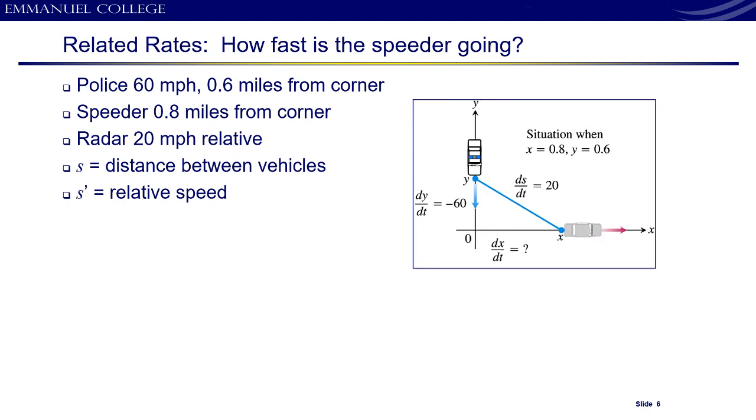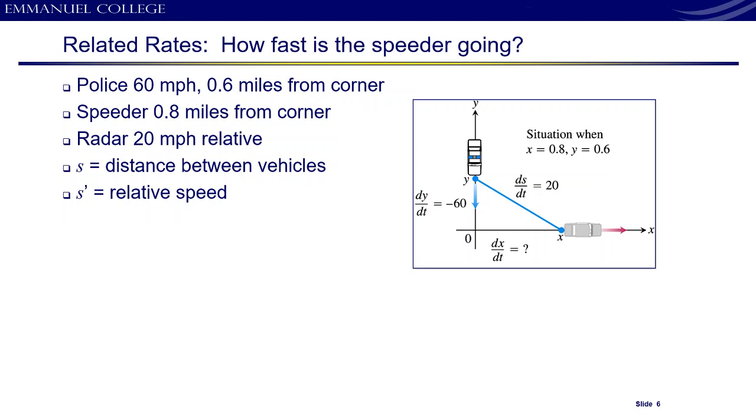So this is what I mean by drawing a picture and knowing what you're dealing with. Now, the police car is going 60 miles per hour. We're saying that it's relative to this corner. You don't want to line these things up the wrong way.